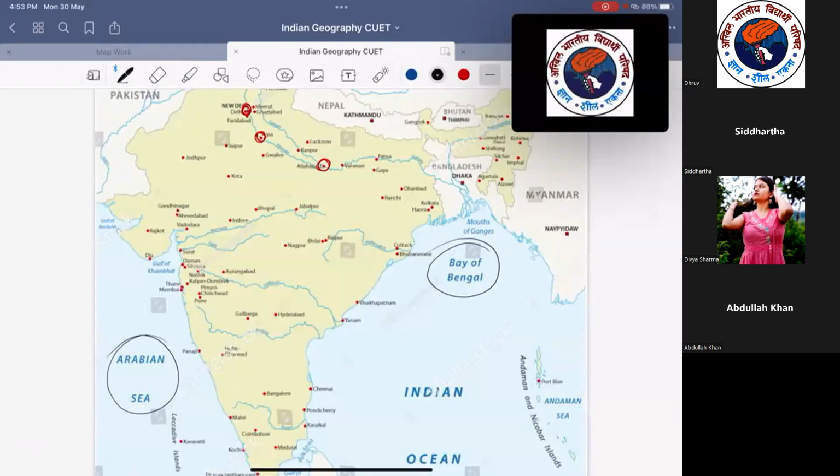You should know which rivers fall into the Bay of Bengal and which fall into the Arabian Sea. These are also called east flowing rivers and west flowing rivers. Narmada, Tapti.